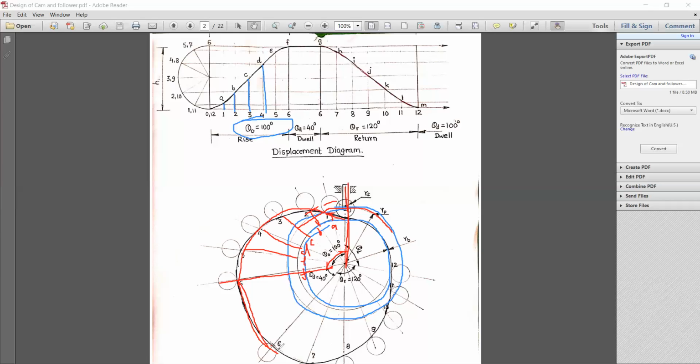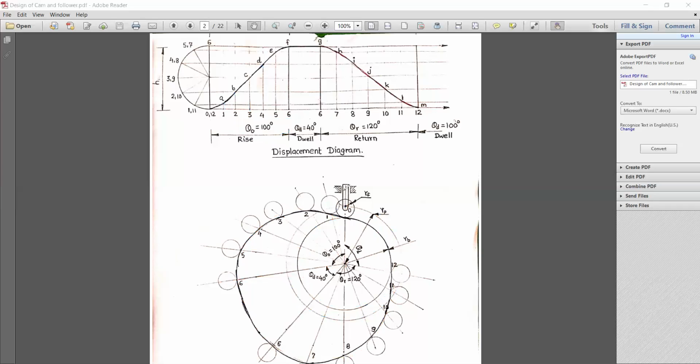So you get this profile. And this total remaining portion is a dwell, which is not mentioned over here. In a similar fashion, you can easily draw the cam profile.